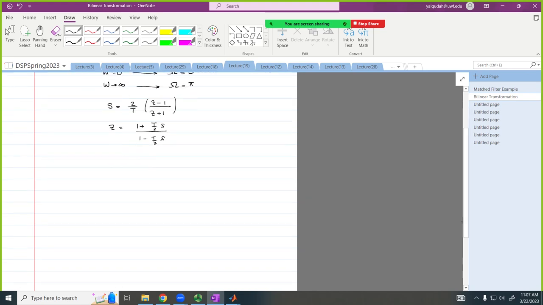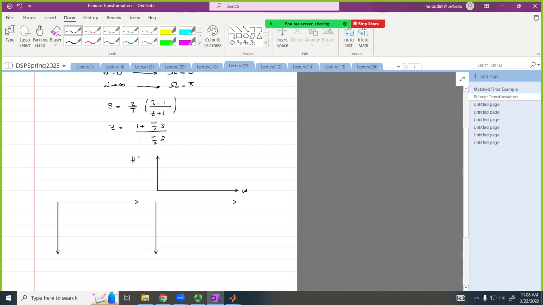Now, I'm going to be plotting the filter that we're going to be designing in the continuous time domain.